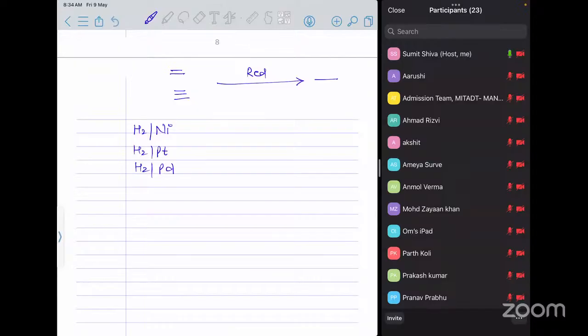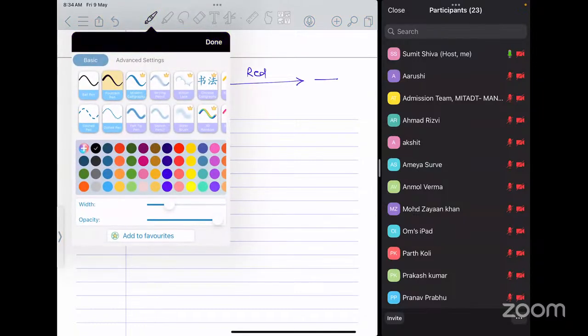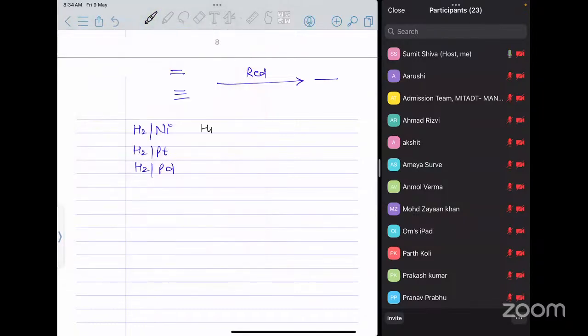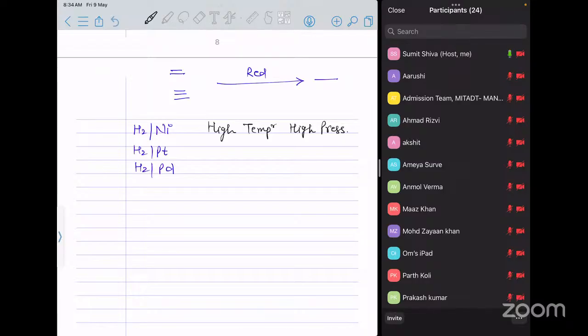In case of H2 over Ni, temperature will be high. In case of H2 over Pt and Pd, normal temperature will work.